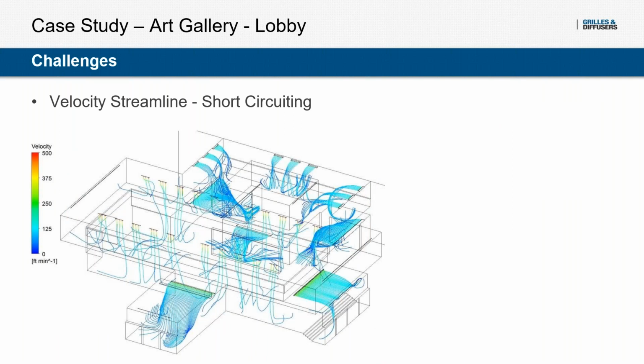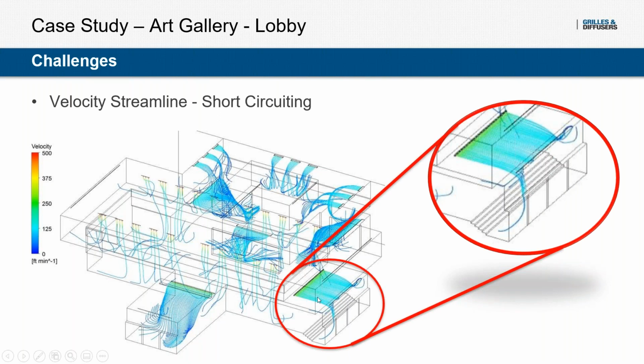And the last section we want to be looking at for this job is the entryways. At first glance, it looks good. It doesn't look like we have excessive velocities in the occupied zone.